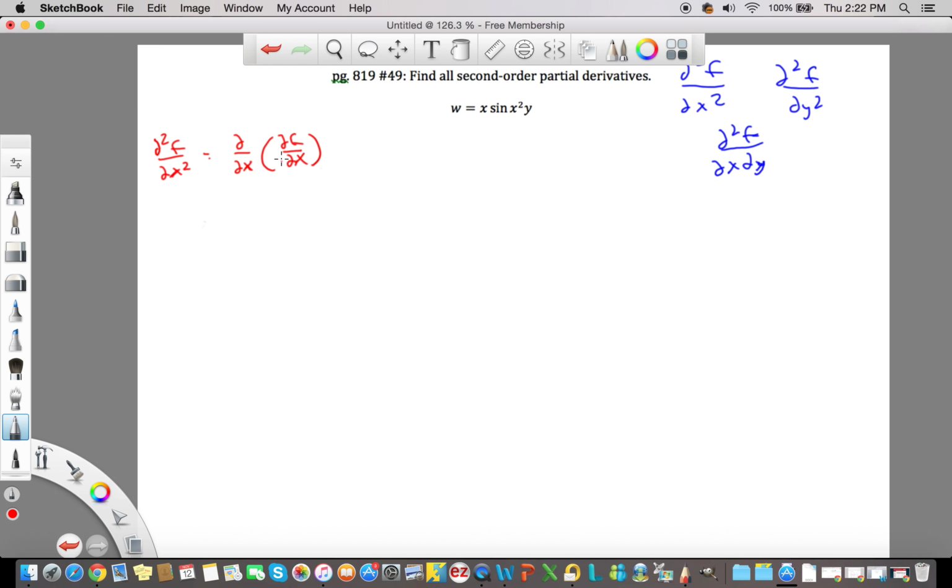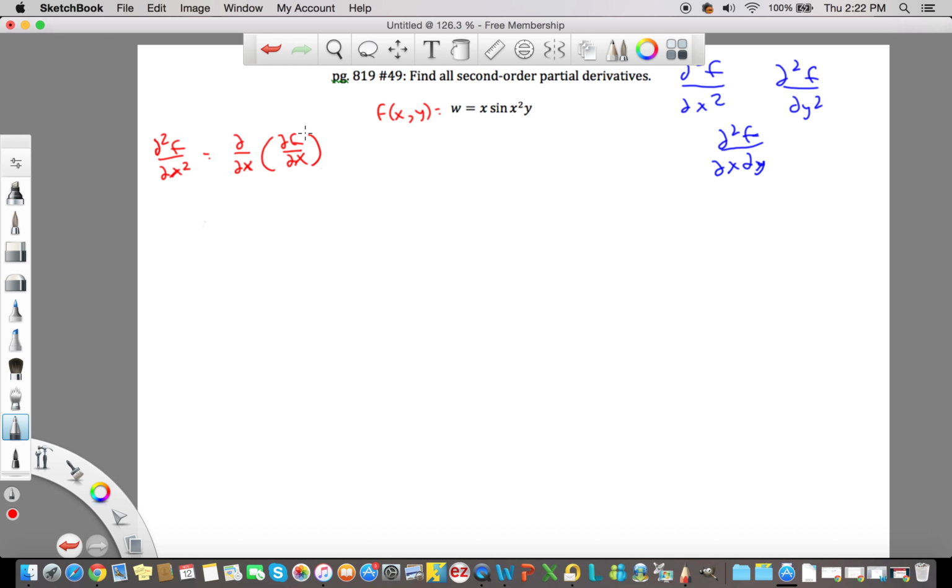In this case, f we can just call w. So f of x y equals w, because w is a function of x and y, so it's the exact same thing. We could change this to a w if we wanted to. It doesn't matter, it's going to be the same calculation.